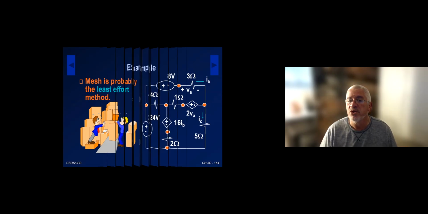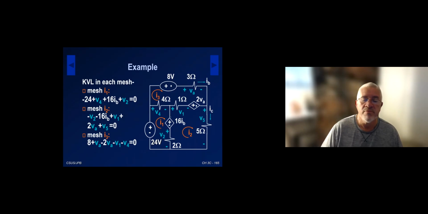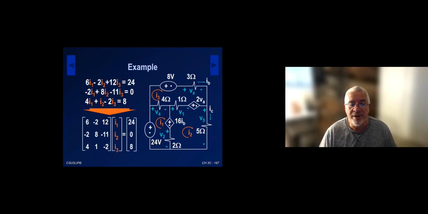So if I do mesh, I would essentially put my 3 mesh currents, again, voltages on my resistors, and then write my KVL equations in mesh I1, I2, and I3. Okay, so this becomes a fairly easy problem with 3 meshes, and then I do Ohm's law, realizing that IB is equal to I3 in this particular case, and then substitute.